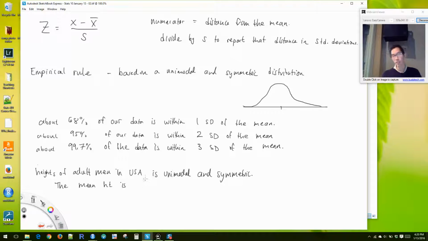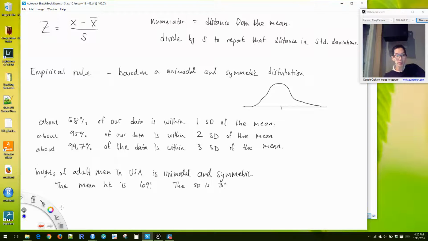Yeah, the mean height is about 5'9" or 5'10". So we will say, just for simplicity's sake, 5'9", so 69 inches, okay? And for simplicity, we'll say the standard deviation is 3 inches, okay? Now, it's not exactly this. It's probably 69.5, and the standard deviation is probably just a fraction over 3 inches. But just for simplicity's sake, we'll use these nice round numbers, okay?